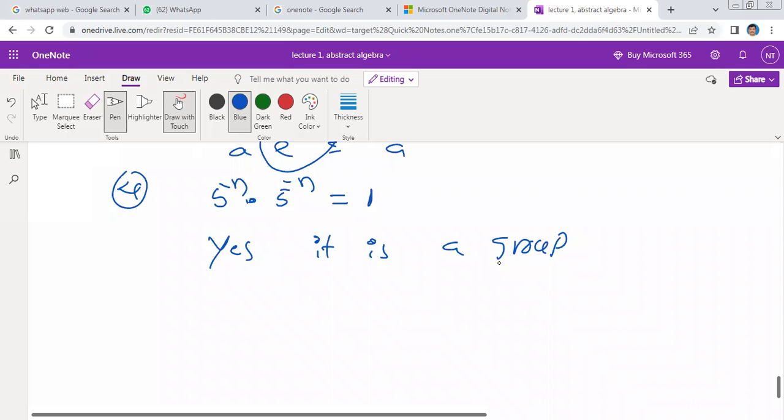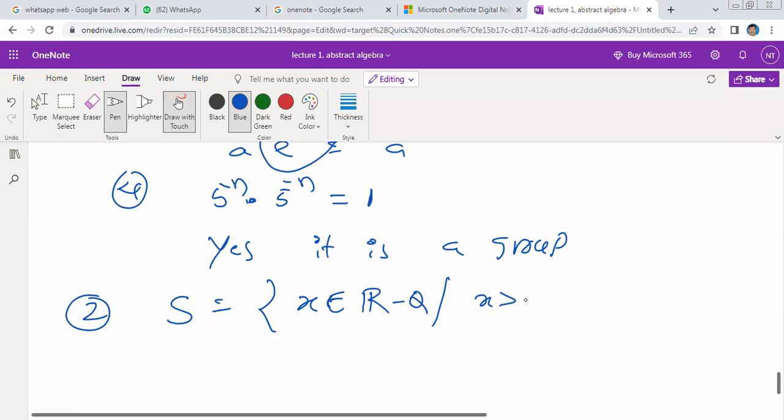Now I am giving one more example. We can also take the set of all matrices, or let us take irrational numbers. Suppose my set is S equal to x belongs to R minus Q such that x is greater than 0, with 1.